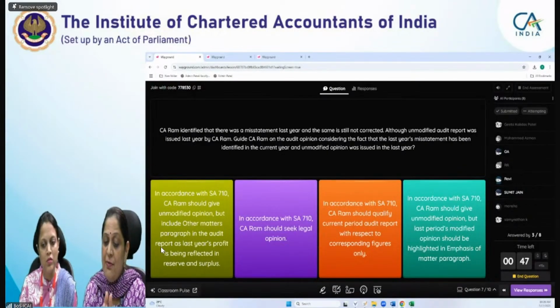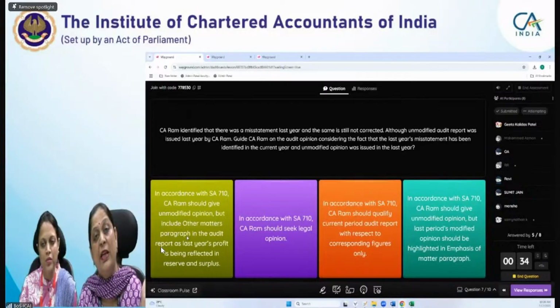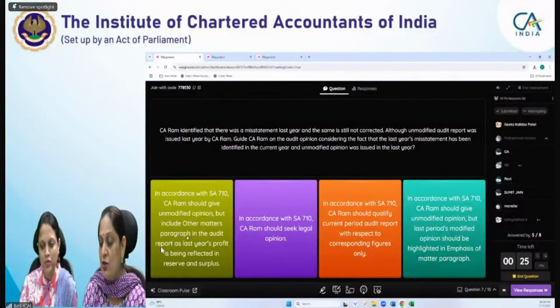So what can Ram do? Whether he will give an unmodified opinion but include an other matter paragraph, whether he will go for legal opinion, or simply qualify the current period's audit report with respect to corresponding figures, or give an unmodified opinion. Yes, 5 students have answered and time is also very less.